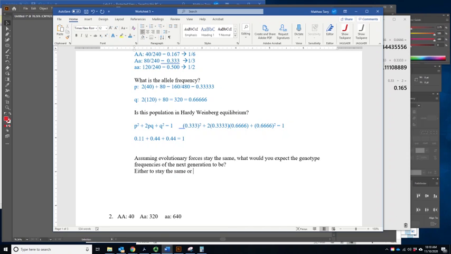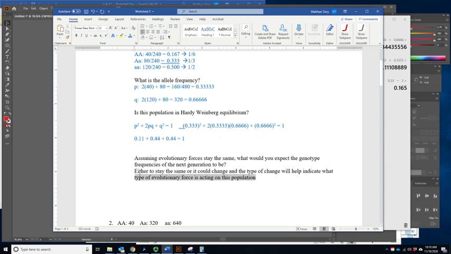or if there's a strong evolutionary force that's continuing to move it in one direction, we may expect it to continue to move in that direction. Or it could change, and the type of change will help indicate what type of evolutionary force is acting on this population.